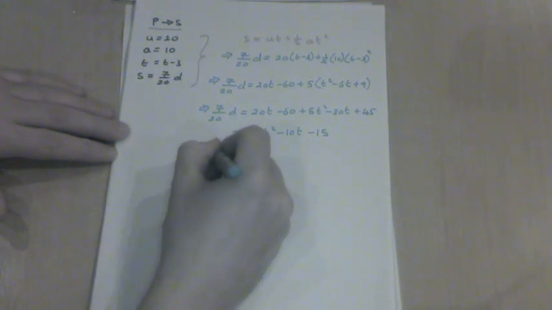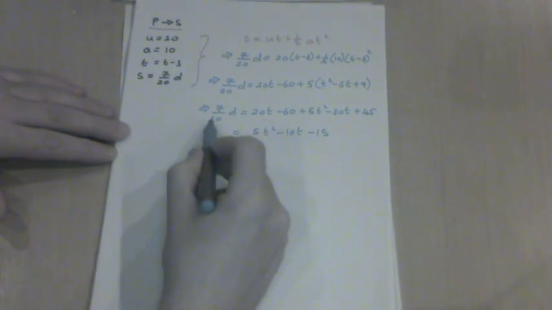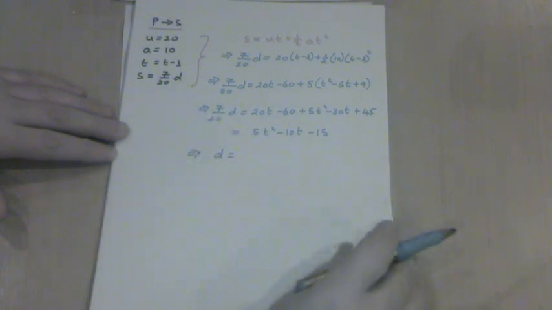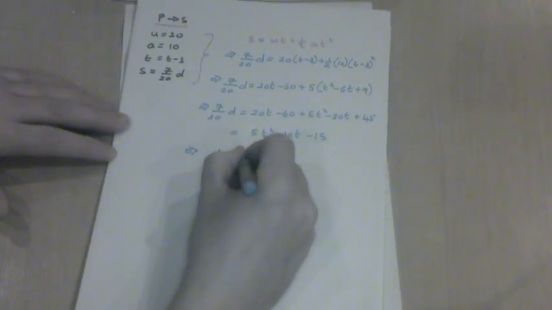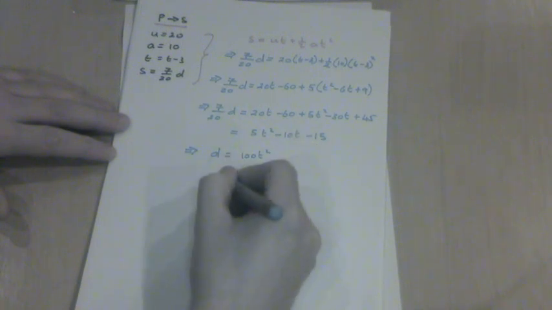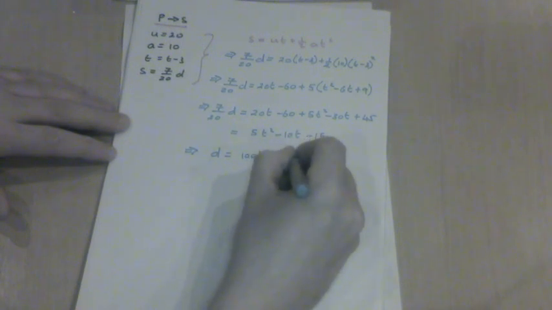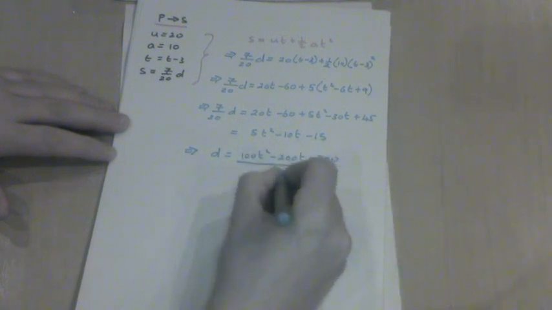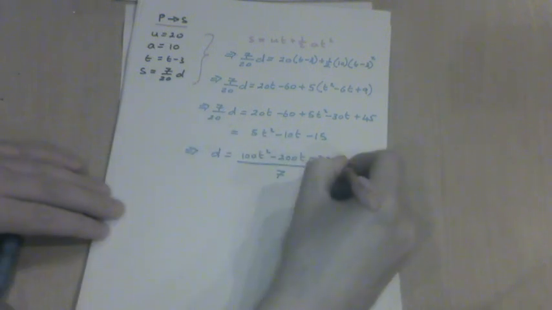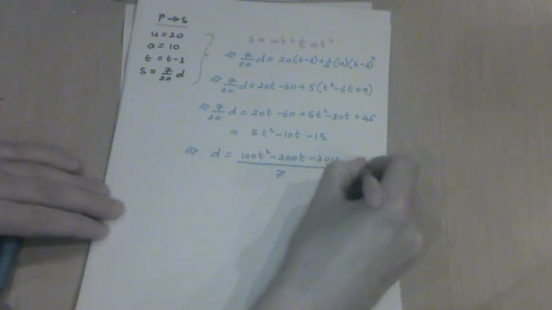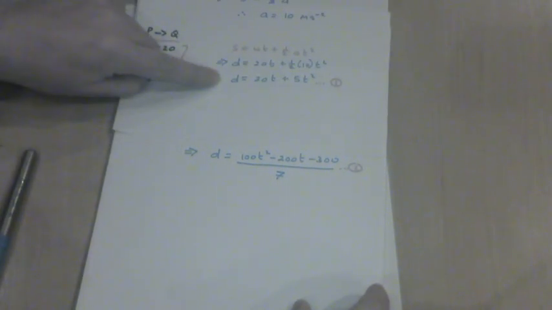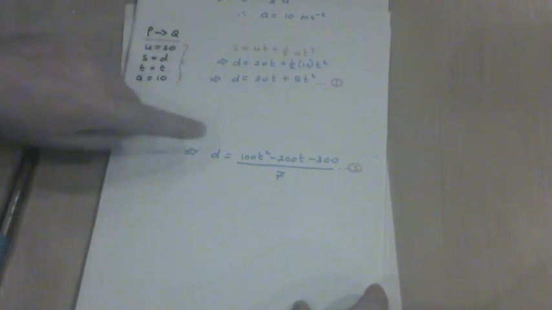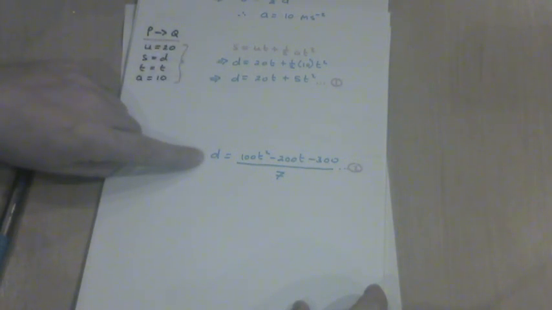If we want to get d on its own, we multiply across by 20 and then divide everything by 7. So d equals 100t squared minus 200t minus 300, all over 7, and we label that as equation number 2. You can see equation number 1, d is 20t plus 5t squared, and equation number 2, d is 100t squared minus 200t minus 300 all over 7.